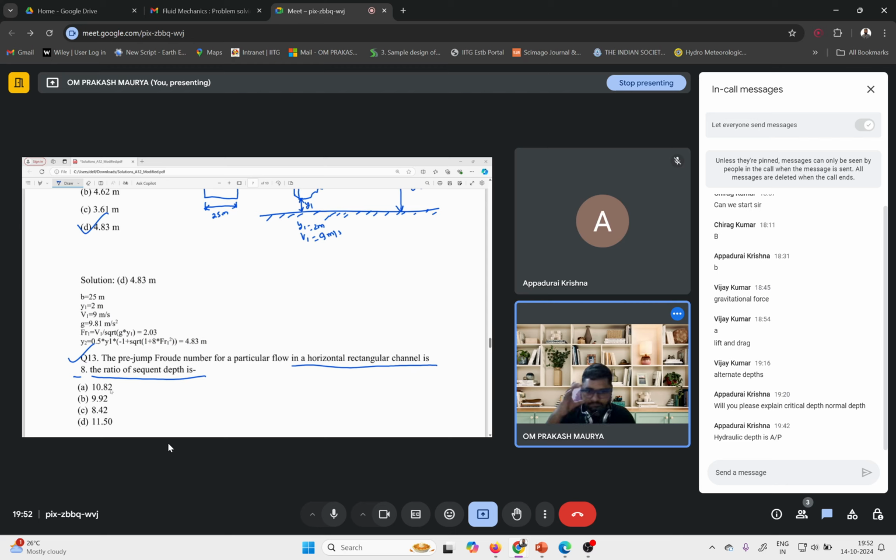Otherwise, I will explain. Similar formula: y2 by y1 equal to half bracket root over 1 plus 8 Fr1 square minus 1.